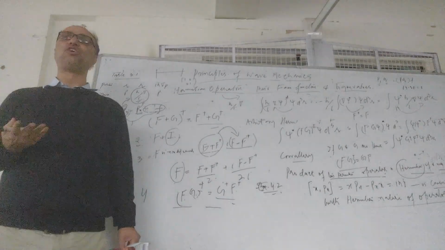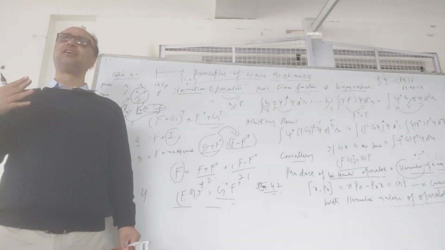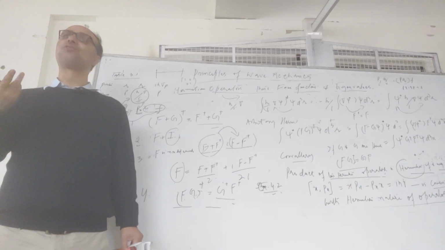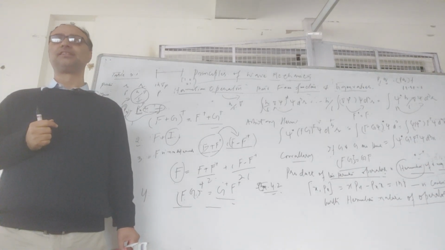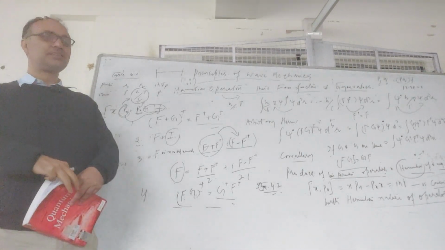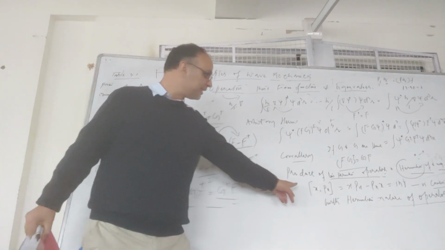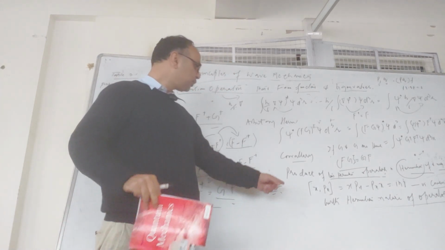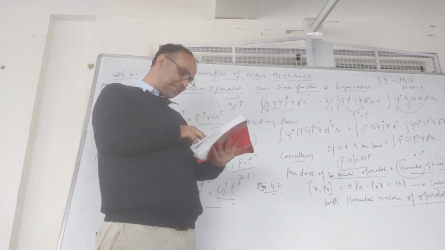Should Hermitian operators commute or not? ठीक है? If they do not commute, ठीक है? So then if they do not commute, then what?